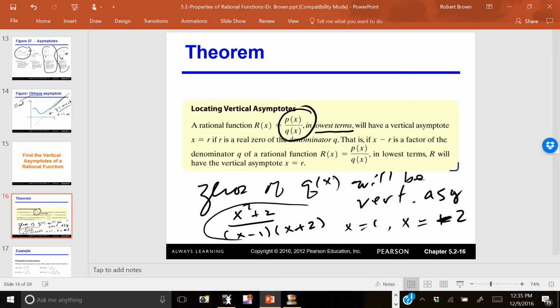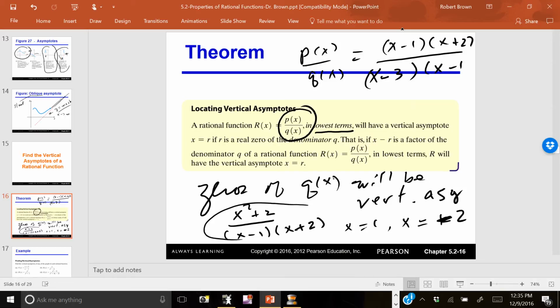would be vertical asymptotes. On the other hand, if you had factored p of x over q of x, and you got x minus 1, x plus 2 over x minus 3 times x minus 1.